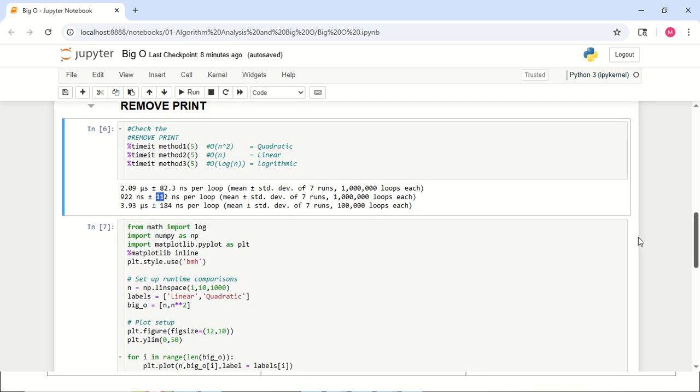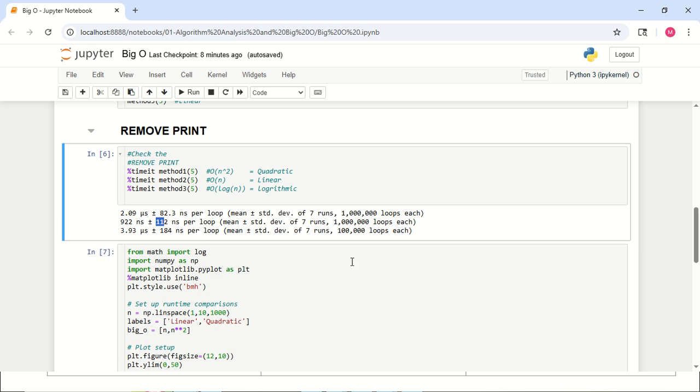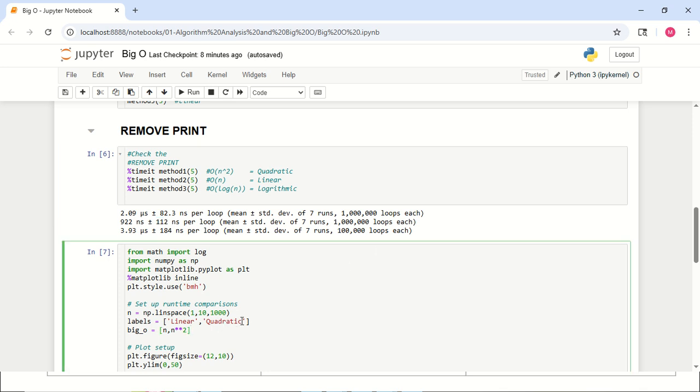I also have a matplotlib right here. I want to add a logarithmic comparison. Logarithmic. Excuse me. And so I would just say n log n.